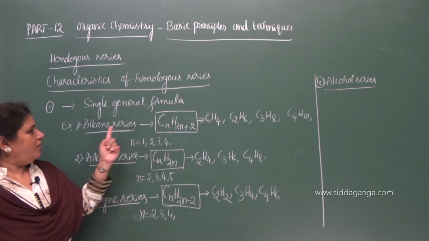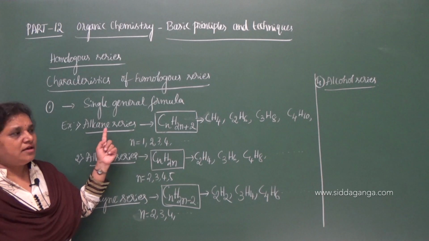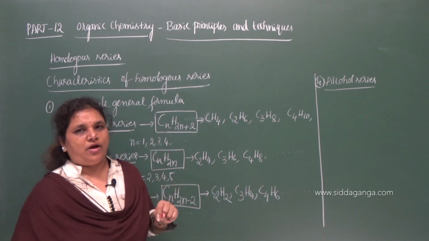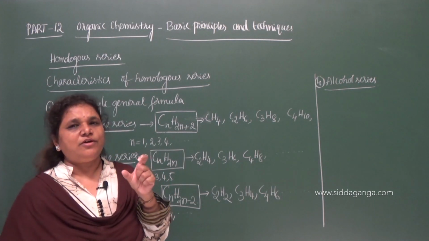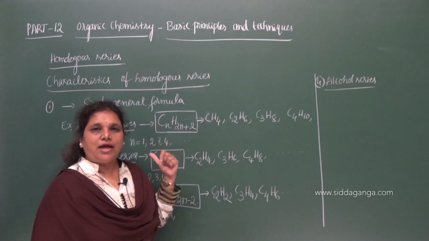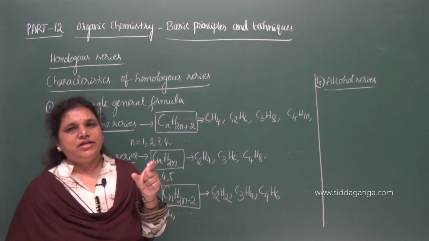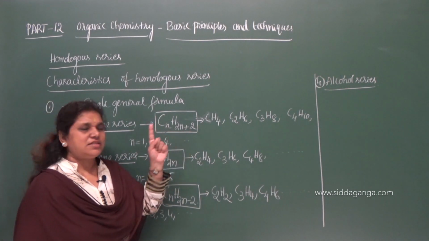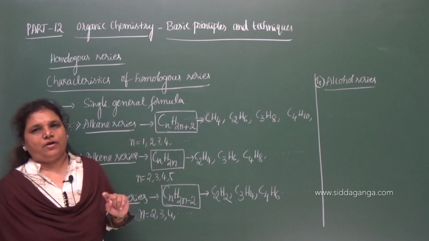Here we have to remove one hydrogen and replace it with the functional group of alcohols. What is the functional group of alcohols? It is OH, the hydroxy group. In the previous class I told what the functional group of alcohols is. So by replacing one hydrogen by OH, you will get the general formula of the alcohol series.